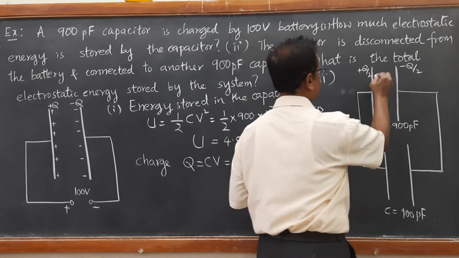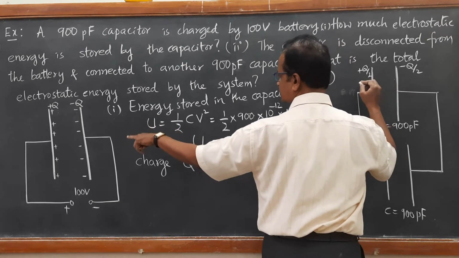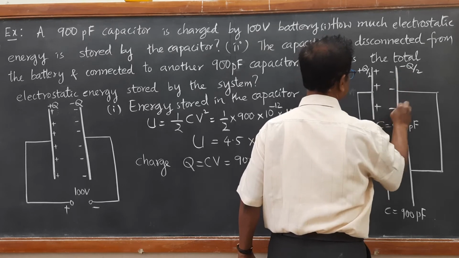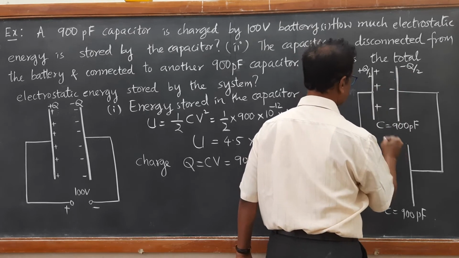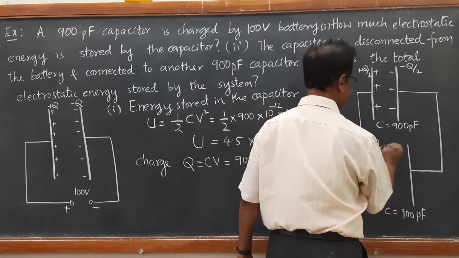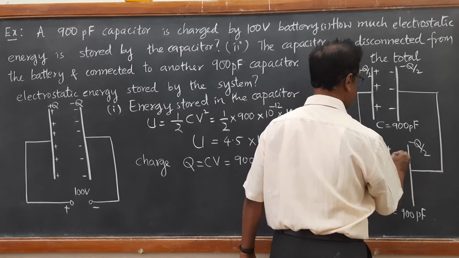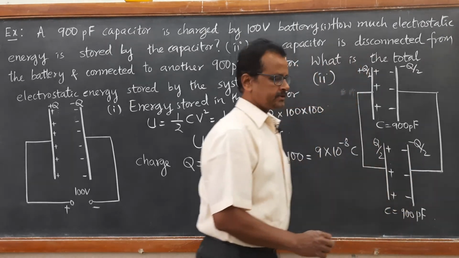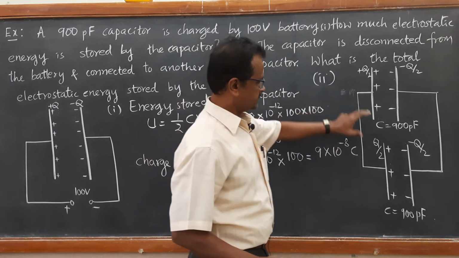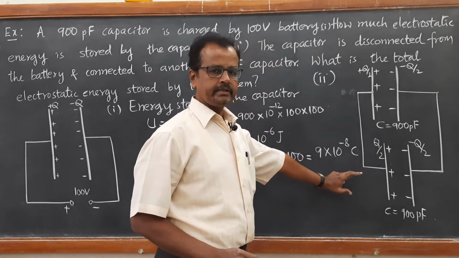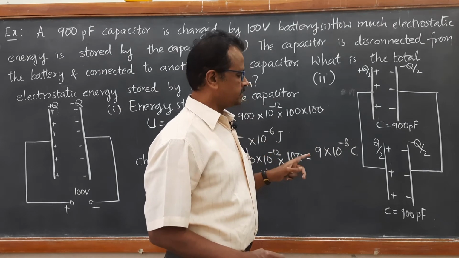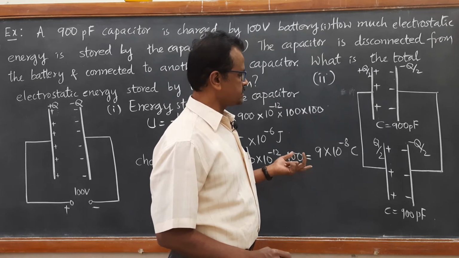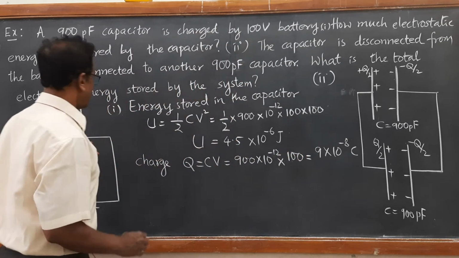Therefore, the second capacitor will also be stored with the same amount, Q by 2 charge. This is by charge conservation. Now, once we get the charge like this, we can calculate the total energy stored in the system, again by using half QV.